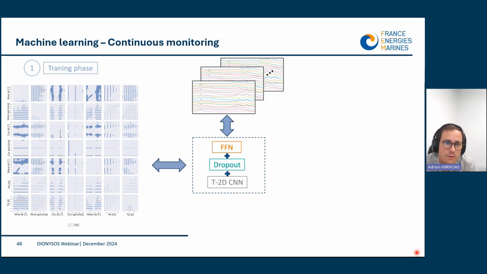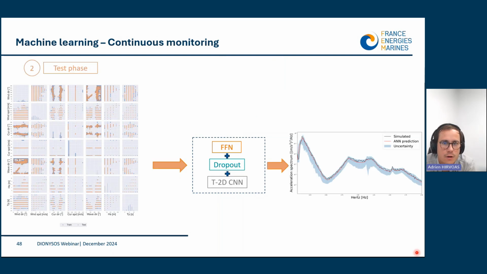Based on the training phase, we then have a weighted deep learning architecture, and we can test it on a second subset, a test set that the architecture doesn't know from the training phase.